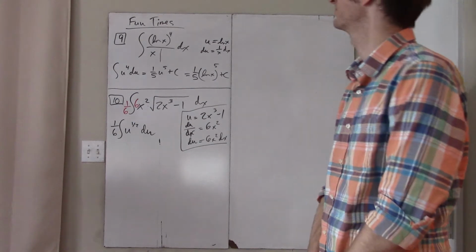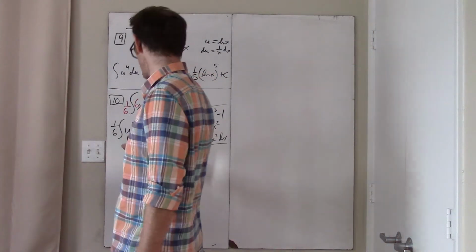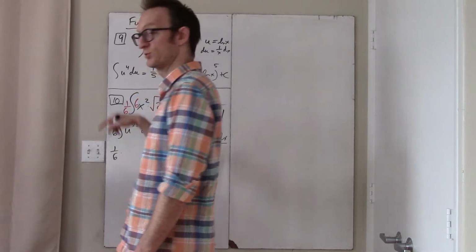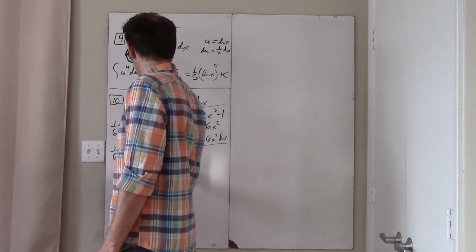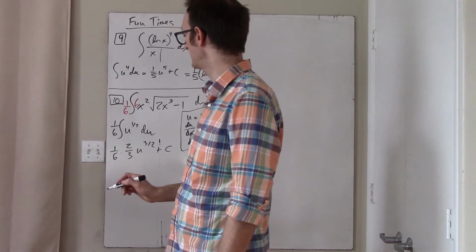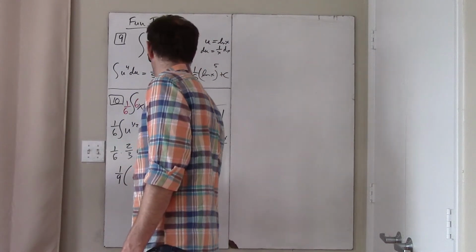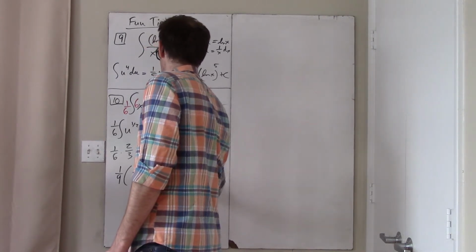I put it in antidifferentiation friendly form. What is the antiderivative of u to the 1/2? I go up a power to 3 halves and I divide by 3 halves. So it's 2/3 u to the 3/2 plus c. And that becomes 1/9, therefore, (2x cubed minus 1) to the 3/2 plus c.